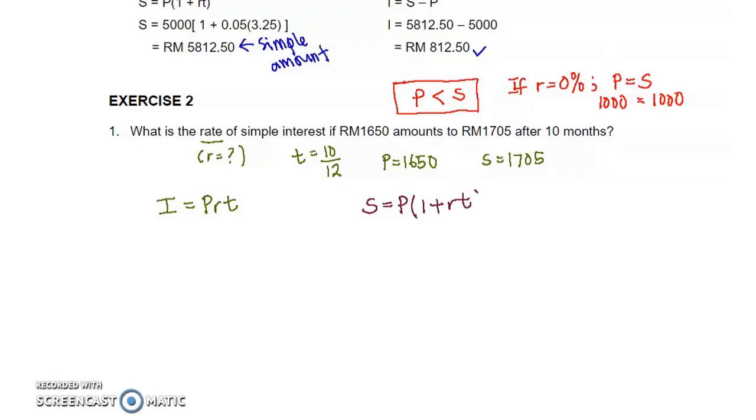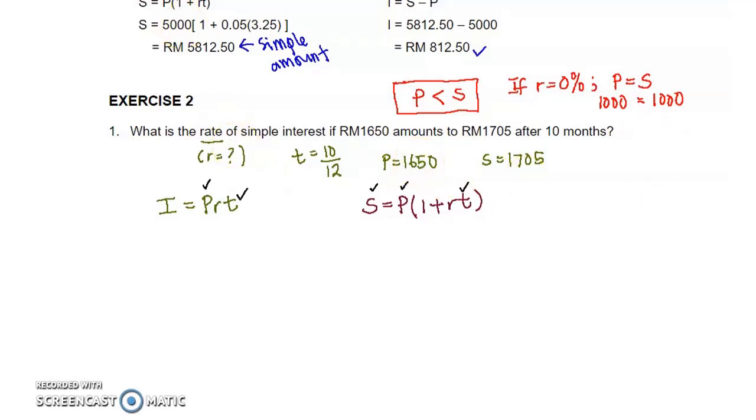This formula also has R in it. Now let's check. You have value P here. If you want to use I equals PRT to find value R, we also have value T. Similarly here, we have S, we have P, we have T, and we want to find value R. So if you use this formula, you can find value R.